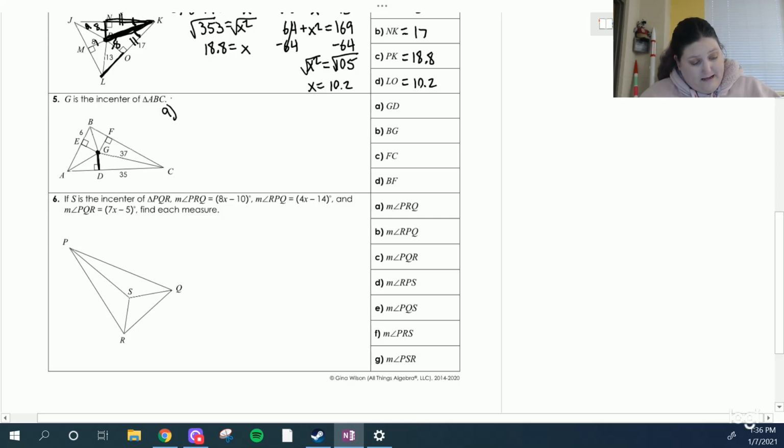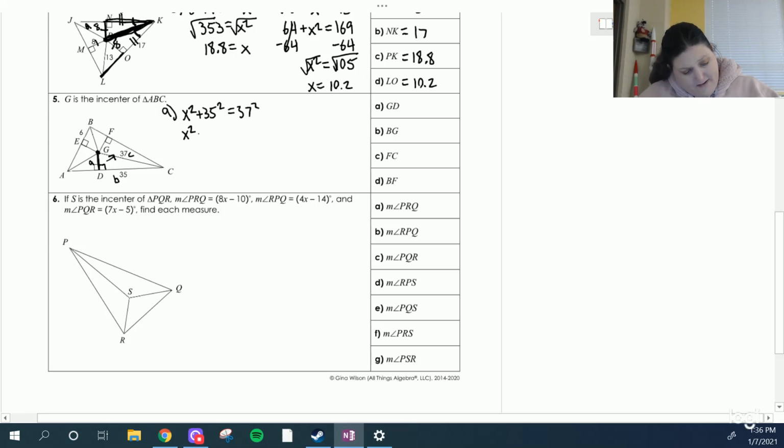For part A, I'm going to have A, B, and C. My right angle here points to the side that is C. The other two, the order does not matter. So we get x squared plus 35 squared equals 37 squared.